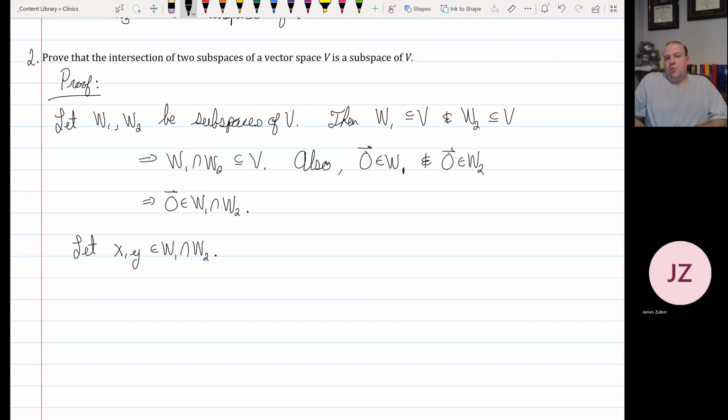So now we have to show it's closed under both addition and multiplication. So we say, okay, let x and y be two vectors in the intersection, W1 and W2. This means that x and y are in W1 and x and y are in W2. That's what it means to be in the intersection.